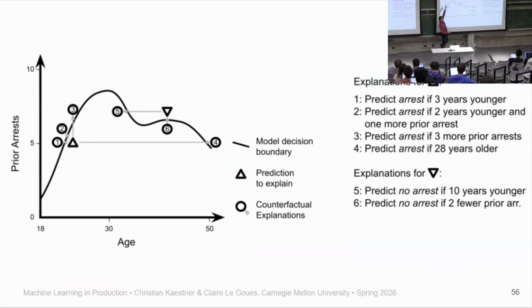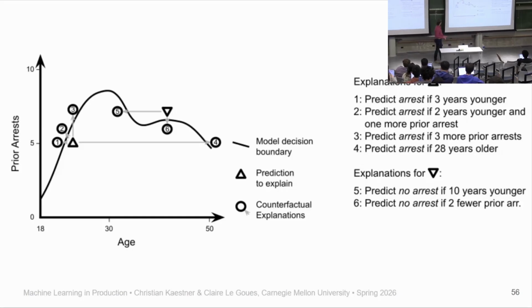If you had 10 prior offenses and were 18, we would have said you would reoffend. So what we're doing is typically the smallest change, but also usually a change where we change the fewest features at the same time. Going straight up or straight to the side is usually preferred to changing 2 things at the same time, right?